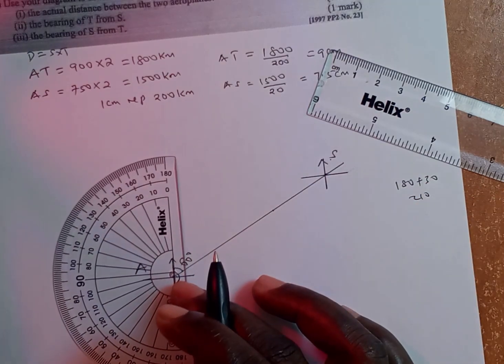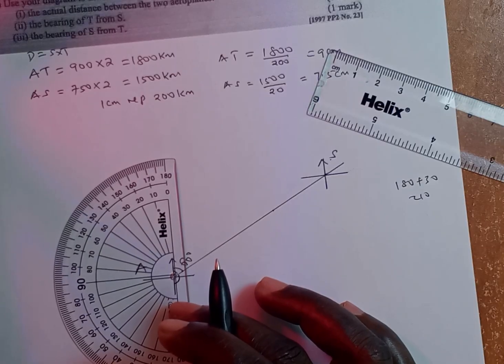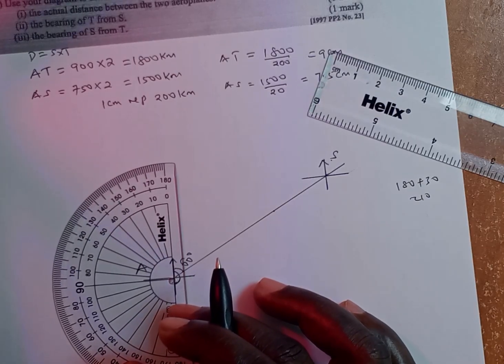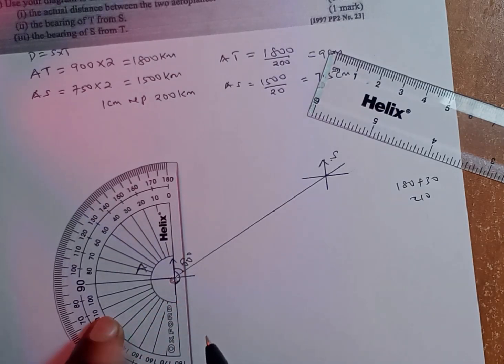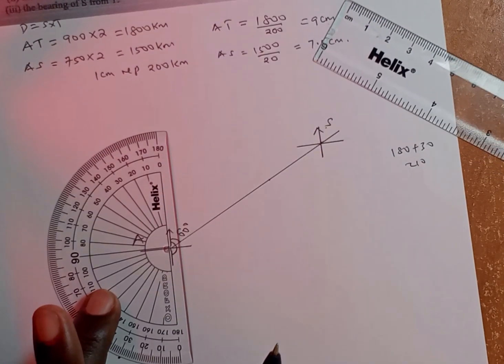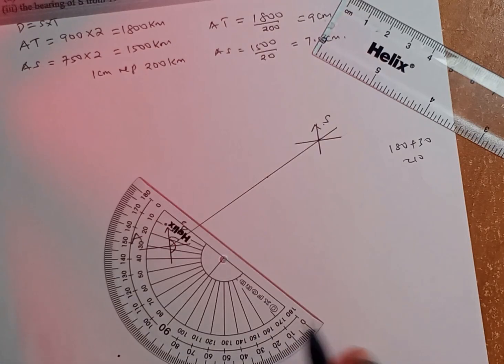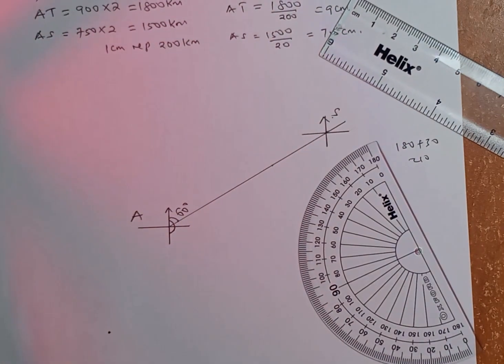Up to this point we have 180, so we are going to add 30. 30 is at this point here.